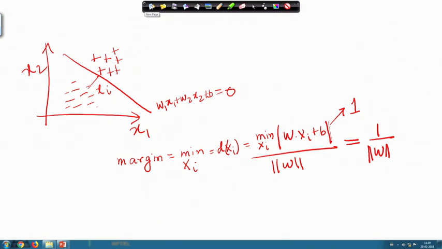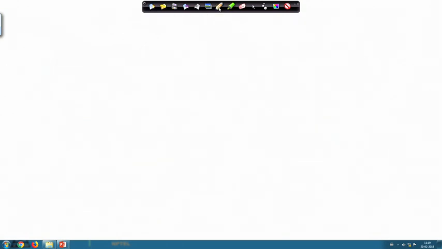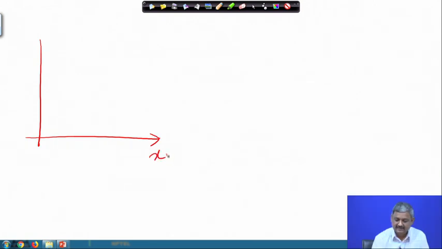That seems a nice quantity. So, let me summarize, let me again write down the equation of the final way by which we will compute this line.